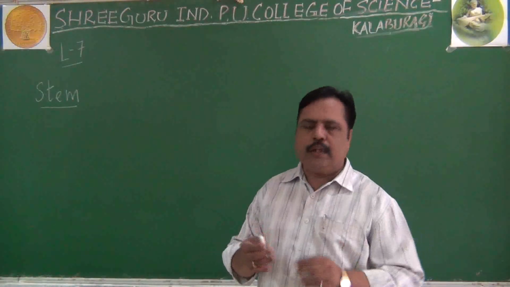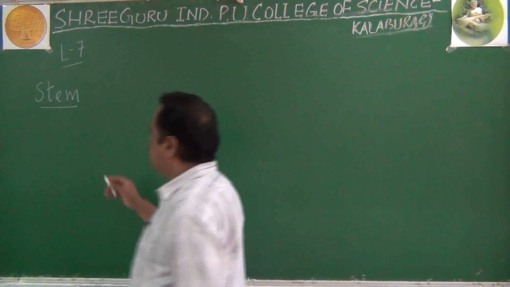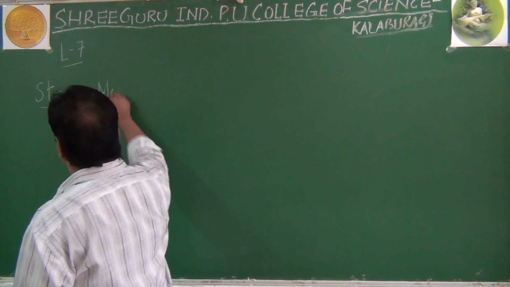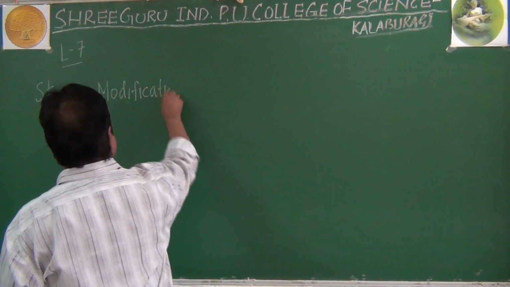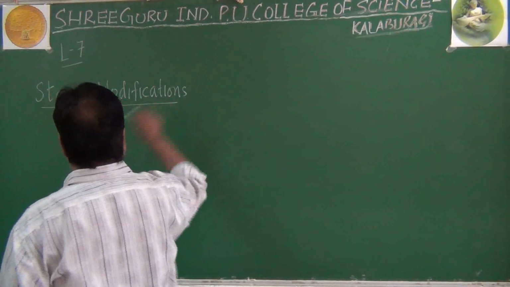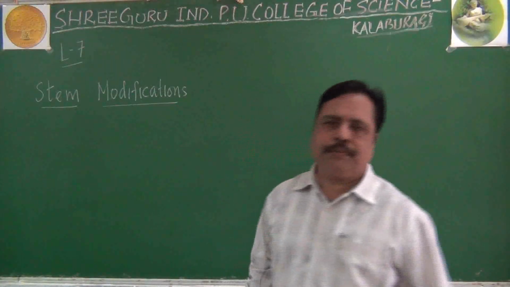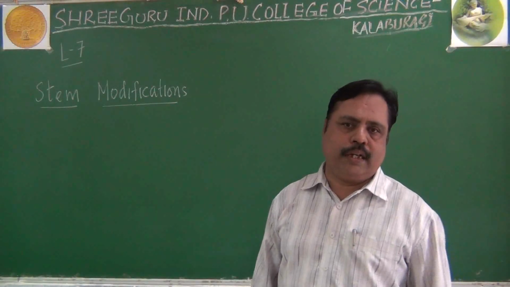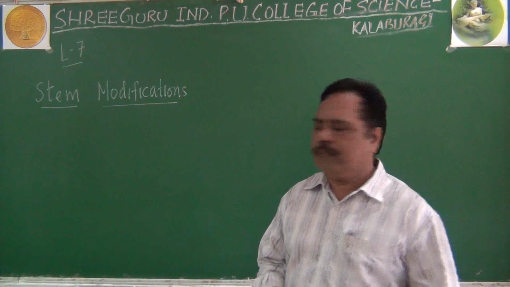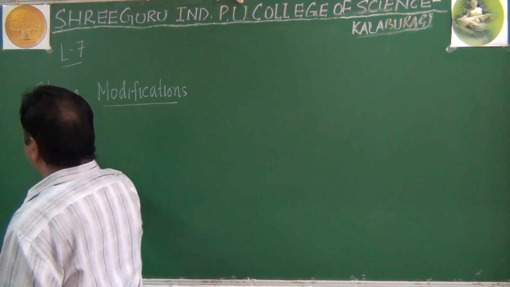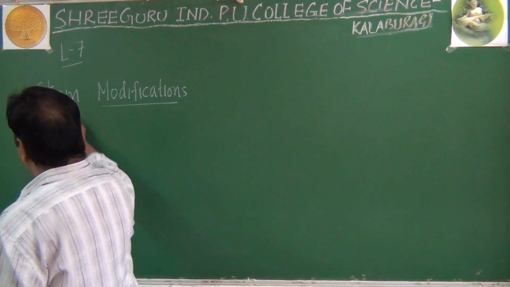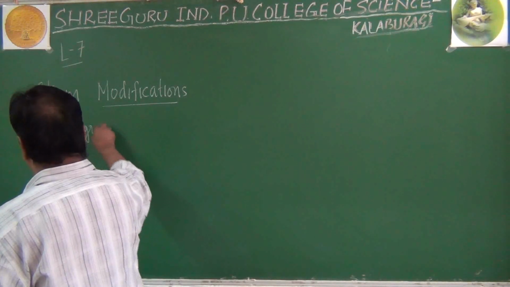I told you in the modification there are three major categories we can distinguish here. Stem modification I am going to discuss here. Three major types of stem modifications we could identify among angiosperm. The first one which we have seen in the previous lecture was underground modification of the stem.